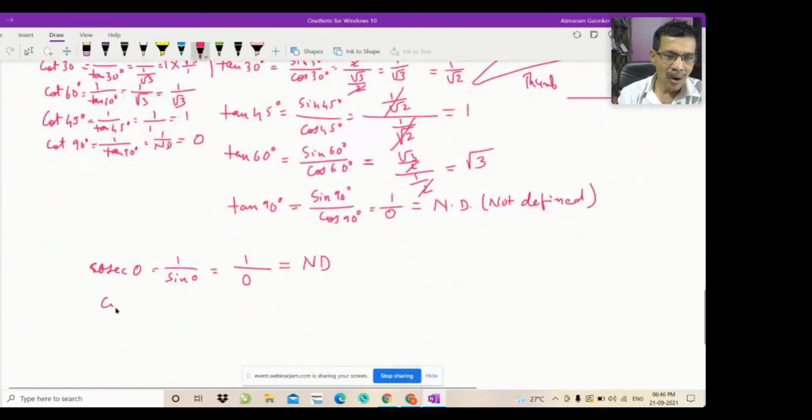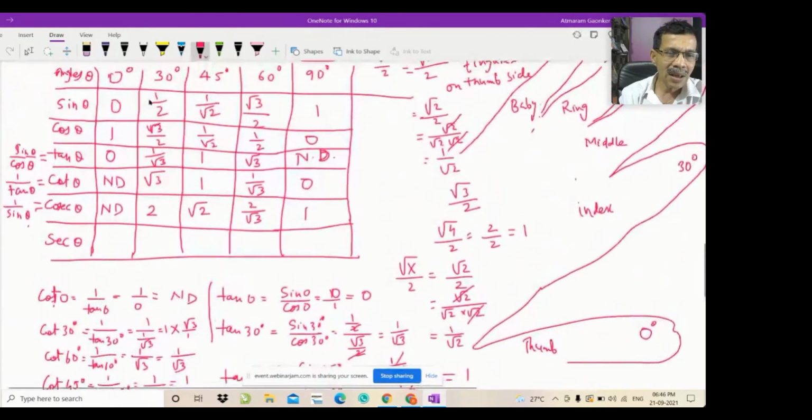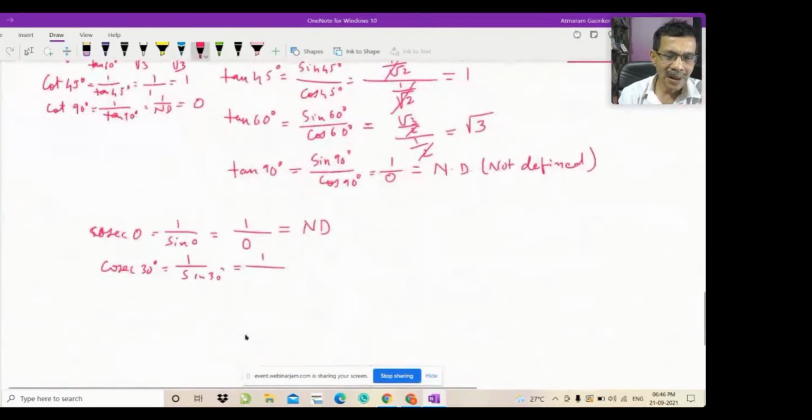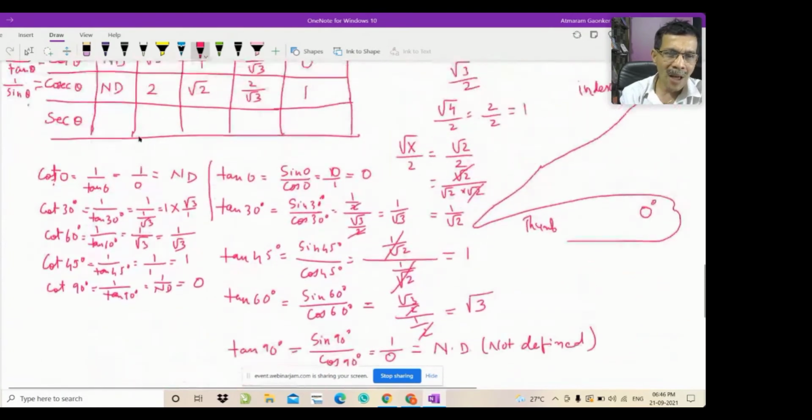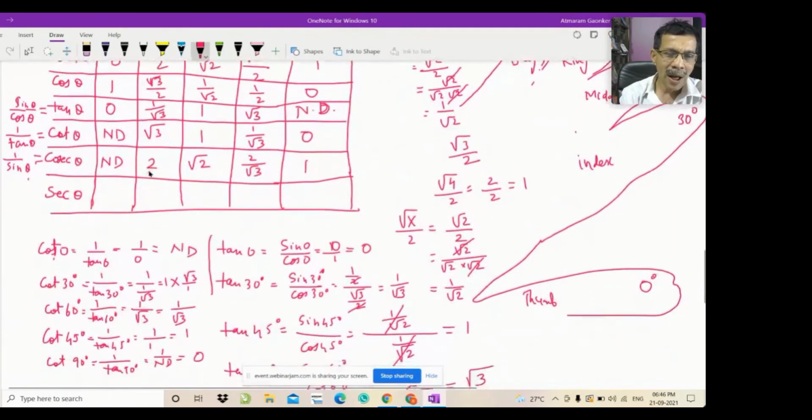And then cosec of 30 degrees is equal to 1 upon sine of 30 degrees, and sine 30 degrees, you see, is half. So I'll write half, and this will be 1 into 2 upon 1. This is equal to 2. So now I have written 2 over here.